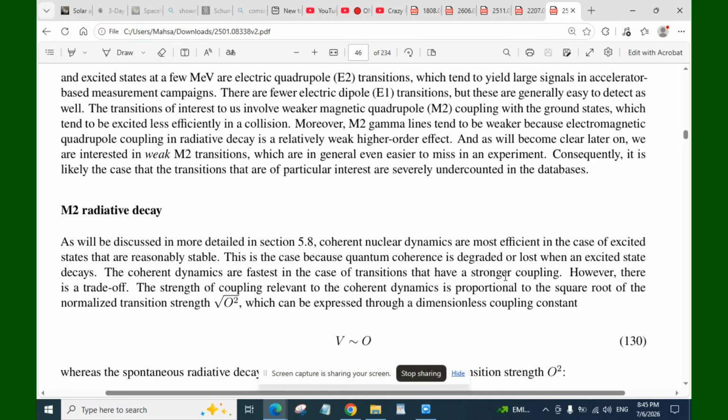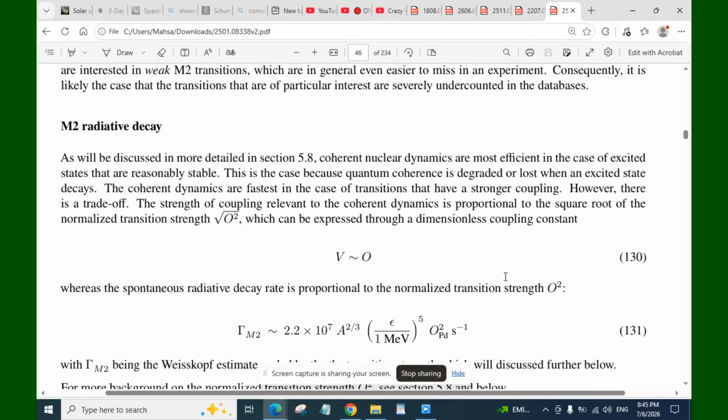So, regarding M2 radiative decay, as will be discussed in more detail in section 5.8, coherent nuclear dynamics are most efficient in the case of excited states that are reasonably stable. This is the case because quantum coherence is degraded or lost when an excited state decays. The coherent dynamics are fastest in the case of transitions that have a strong coupling.